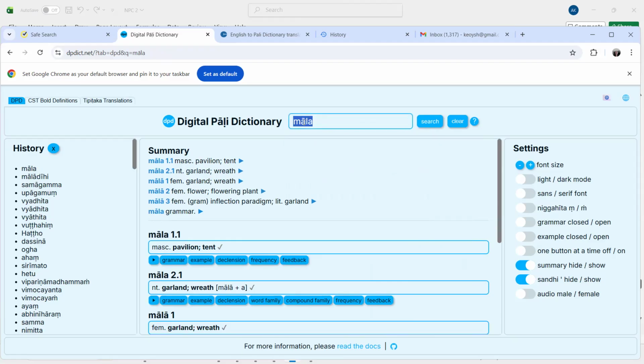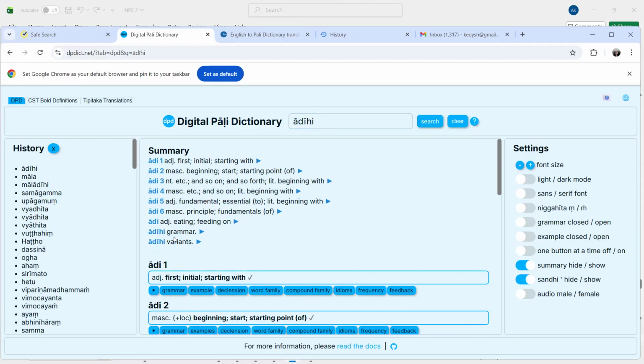So the next word you need to see in the compound is this word. It can be a long A or a short A because mala ends with an A. So this one can start with a short A. Both short A can become a long A. So you have to try this first with a long A. If you cannot find, then you put a short A. Anyway, there's a long A here. Can you see the long A? Adi means etc. Can you see the Adi here is a long A?